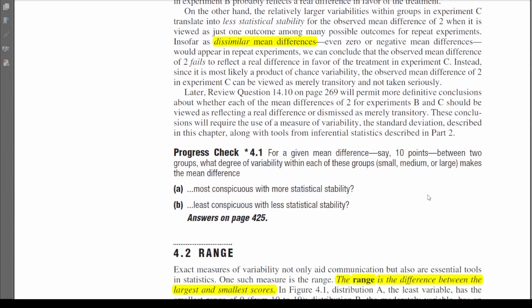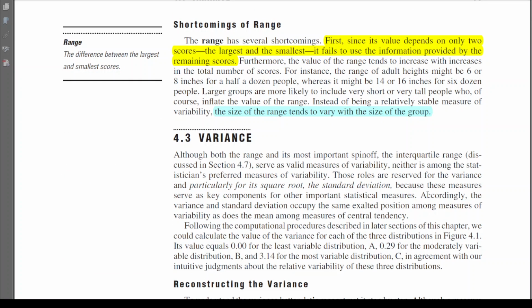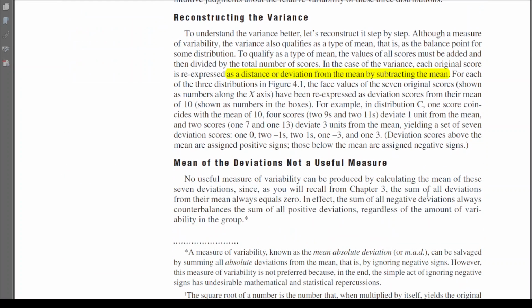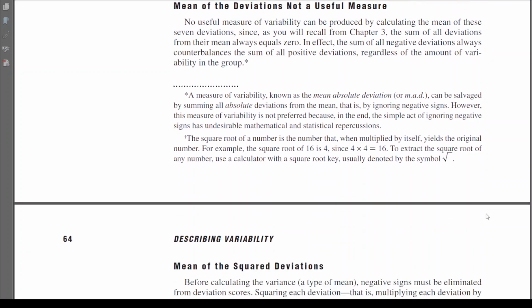That is why mean deviation is not a useful measure of variability. That is what it says: the sum of all deviations from their mean always equals 0. In effect, the sum of all negative deviations always counterbalances the sum of all positive deviations, regardless of the amount of variability in the group.